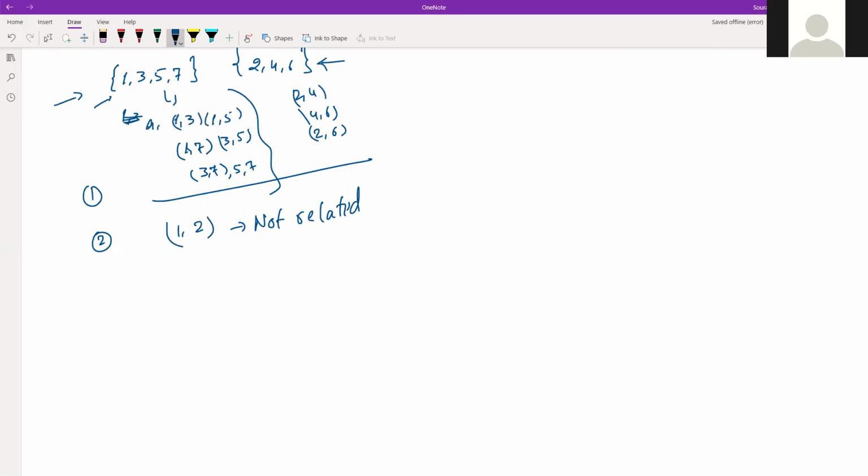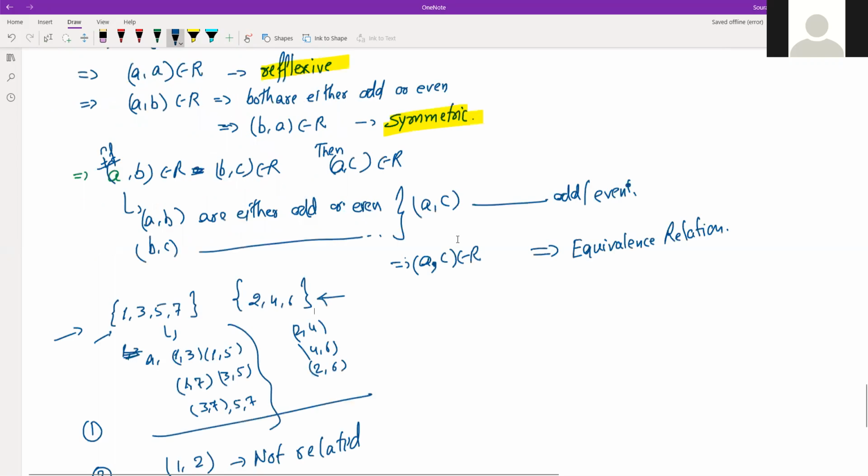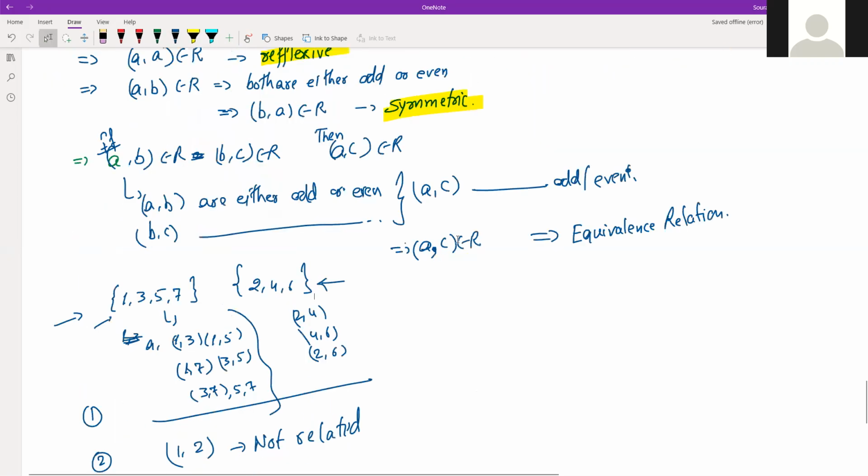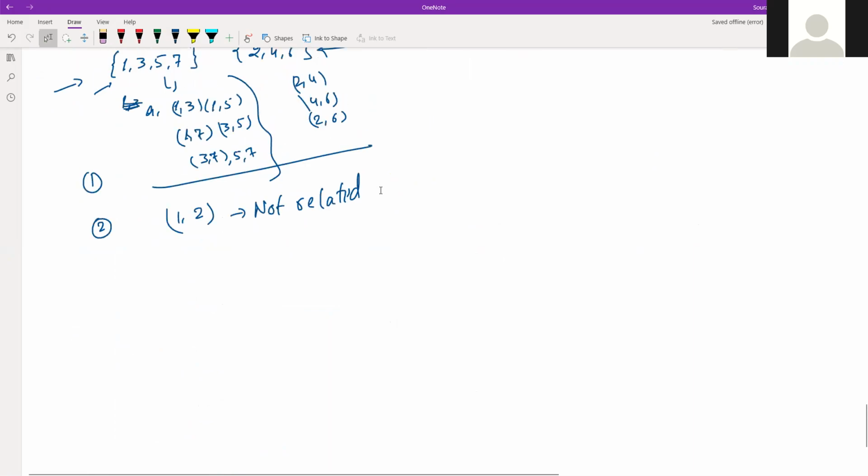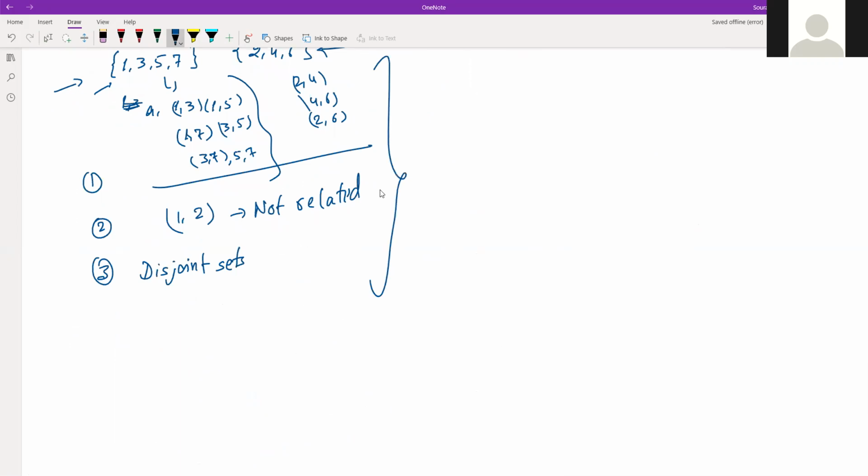And what was the third condition of equivalence class? It is that both are disjoint sets. So that we know that these are disjoint sets. So from all this, what can we conclude? What we can conclude is that this is an equivalence class, right?